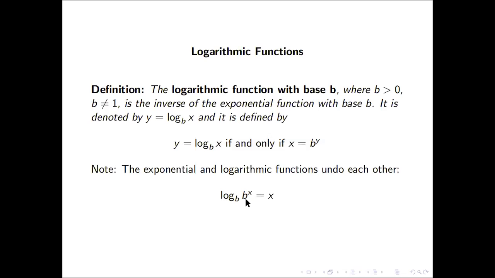So log of b to the x, base b, if you have the same bases, you get simply x. Similarly, the other way around, if I first take the logarithm to the base b of a number and then raise that to b, I get back to x. b to the log of x to the base b equals x. So please take note of those two identities.